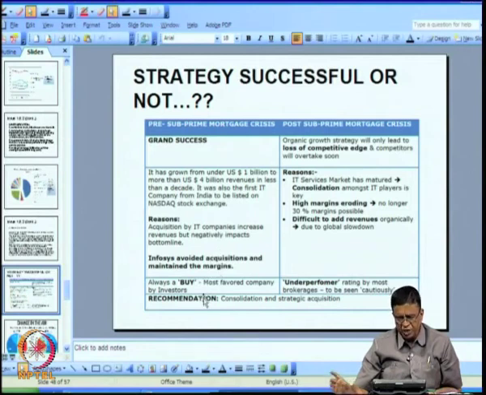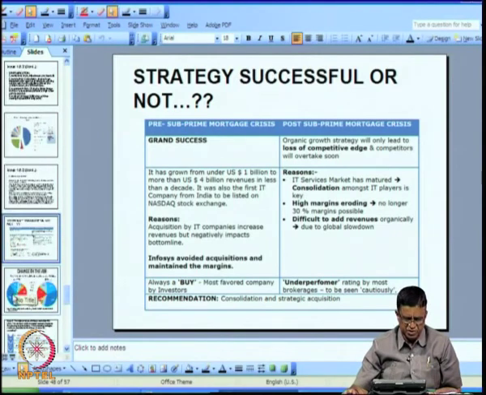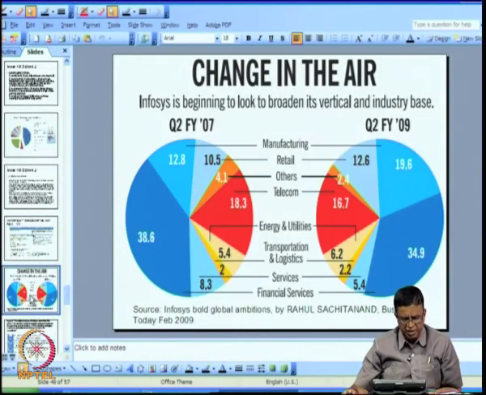This is a group recommendation. If you really see, always a buy, most favored company by investors, underperformer rating by most brokerages, to be seen cautiously. So, the recommendation is consolidation and strategy acquisition. Just consolidate yourself in the market before acquiring a company.